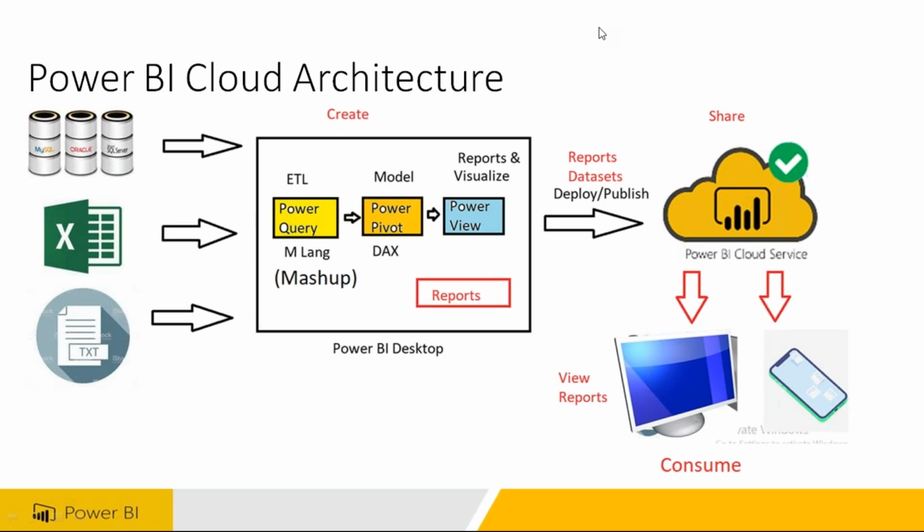In data modeling, we create a relationship between tables. That is what we are going to do here. If the model is missing, or relationships are missing, a lot of visualizations will fail. It is not going to work because you have data in multiple tables.